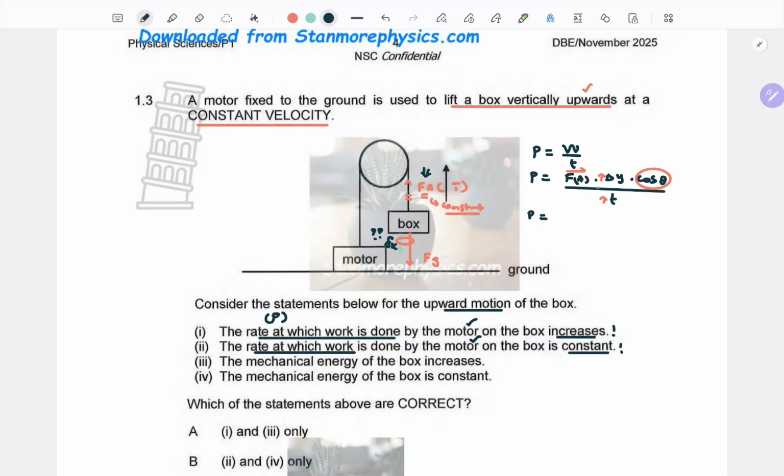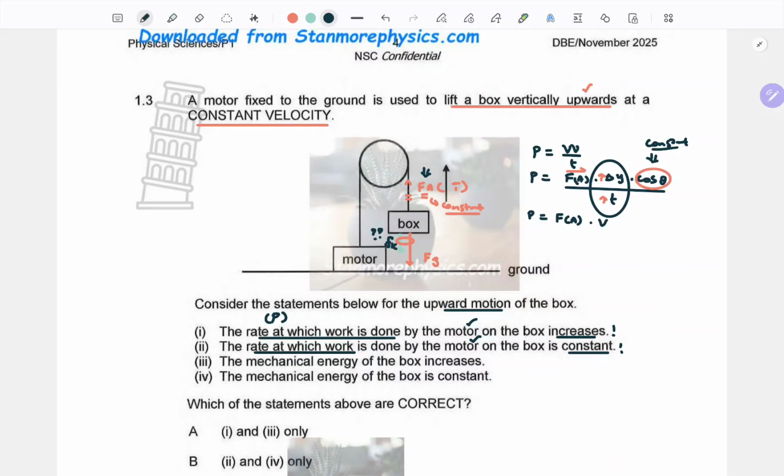If we continue refining our issues here, we know that a change in displacement over time spells out velocity. So this is the applied force times the velocity of the object, seeing that cos theta is nothing but a ratio which would become a constant. So it does not affect anything at this stage.